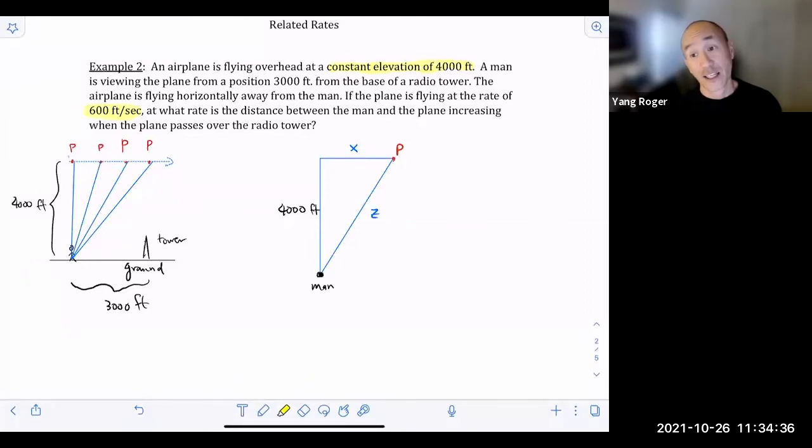In fact, it's a velocity, right? So I want to write d something dt is equal to 600 feet per second. And my question is, do I put an x here or a z here? What are your thoughts? Well, this is how fast the plane is flying. The movement of the plane is represented with the x. So this should be dx dt.